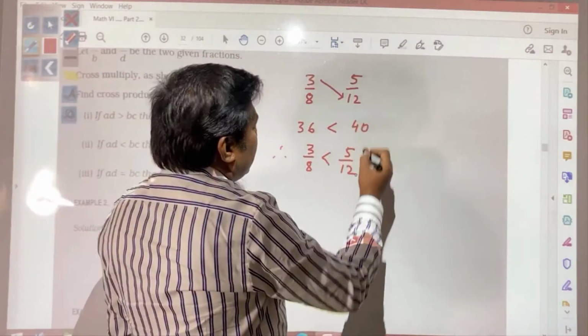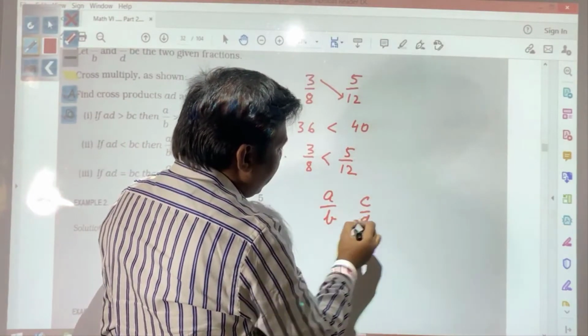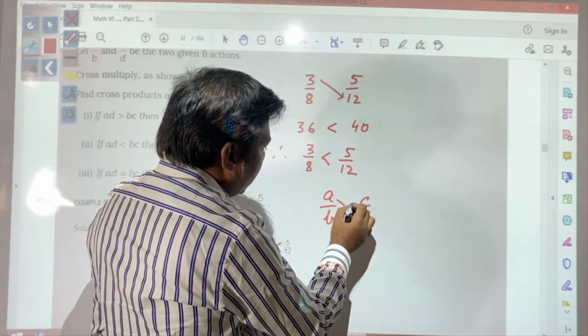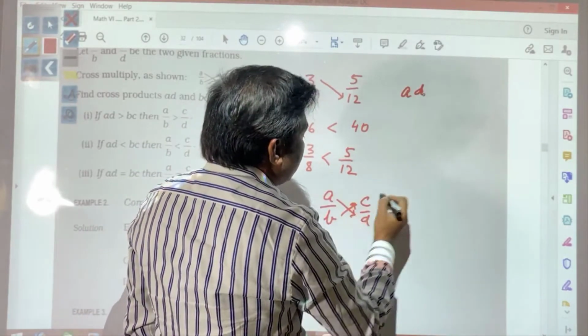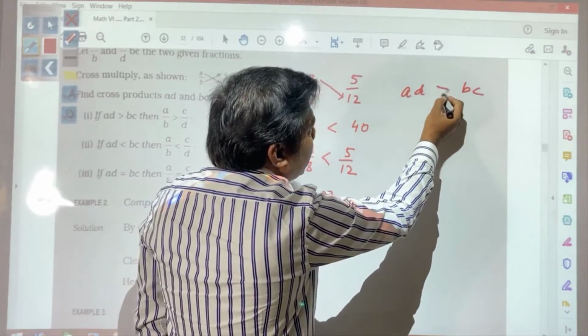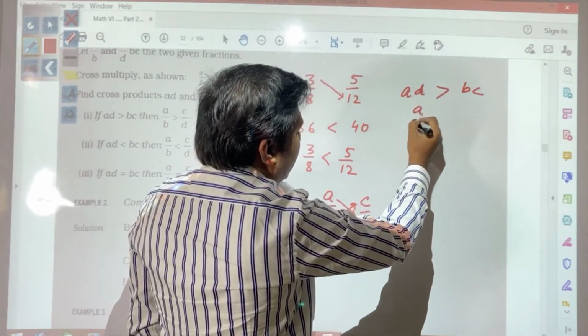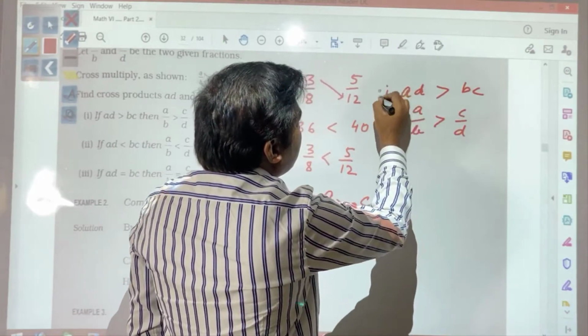For any fractions you have, A by B and C by D, what have we learned? We need to do cross multiplication. Suppose you have got AD and BC. If AD is greater than BC, in this case A by B will be greater than C by D. First case.